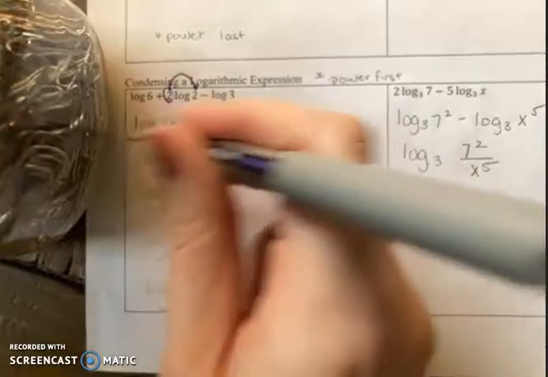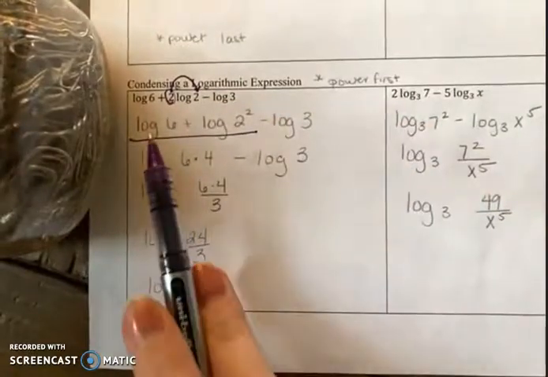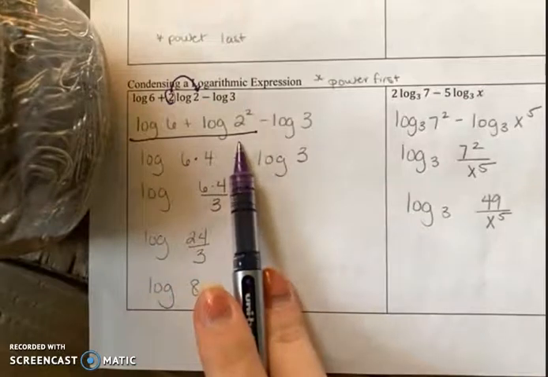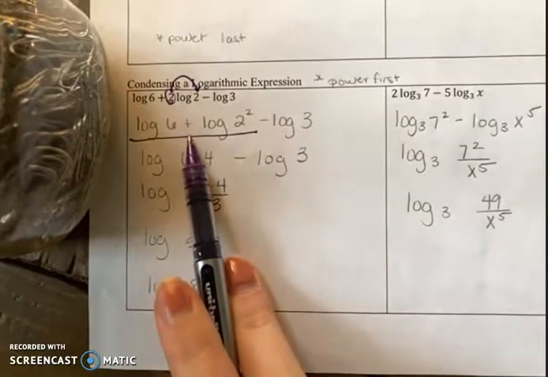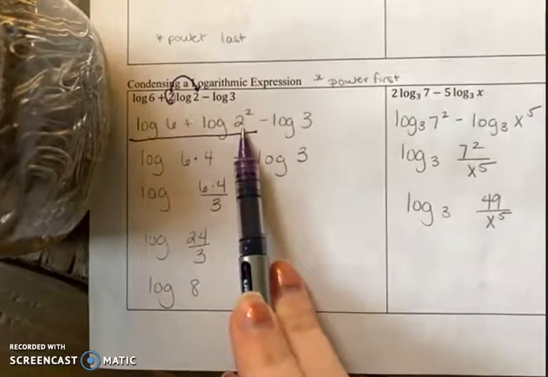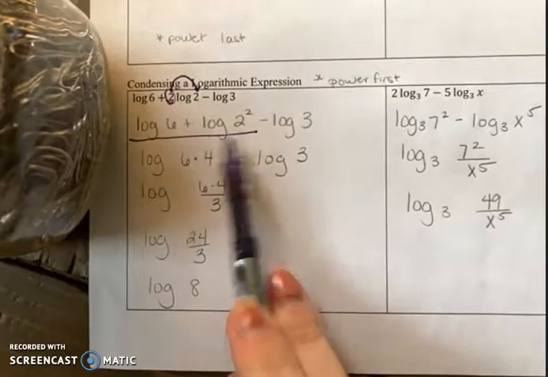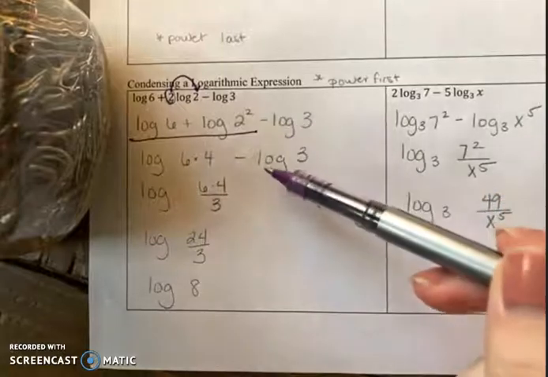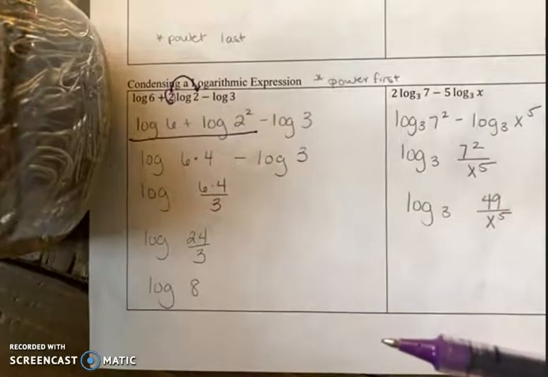So I start here. I have log of 6 plus log of 2 squared. When we add, we know we multiply the two things we're taking the logarithm of. So that's 6 times 2 squared, or 6 times 4. And you need to bring down that minus log of 3.